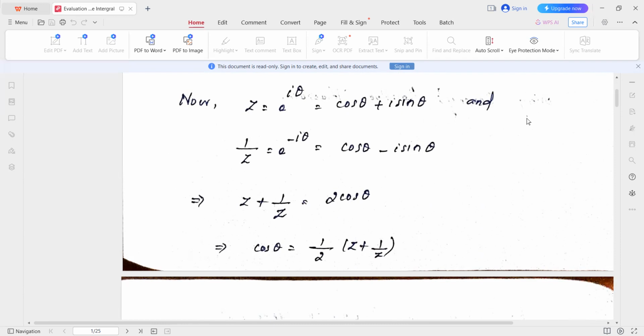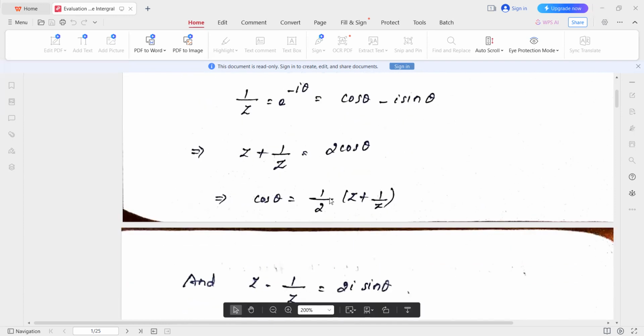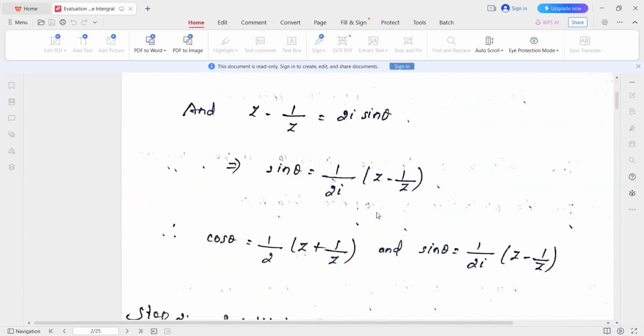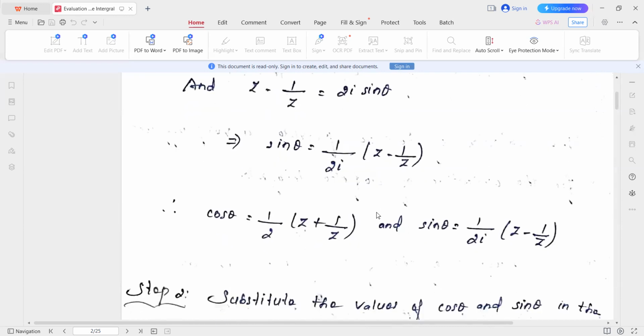By adding, we get the value of cos theta in terms of z; by subtracting, we get sin theta. Cos theta is equal to 1 by 2 times z plus 1 by z, and sin theta is equal to 1 by 2i times z minus 1 by z. So we have found all the required values: cos theta, sin theta and d theta.